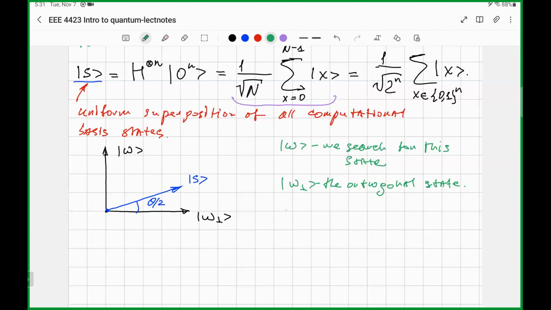What it means is that the inner product of the vector omega and omega orthogonal is supposed to be equal to 0. So the vector omega contains no components parallel to the vector omega orthogonal.